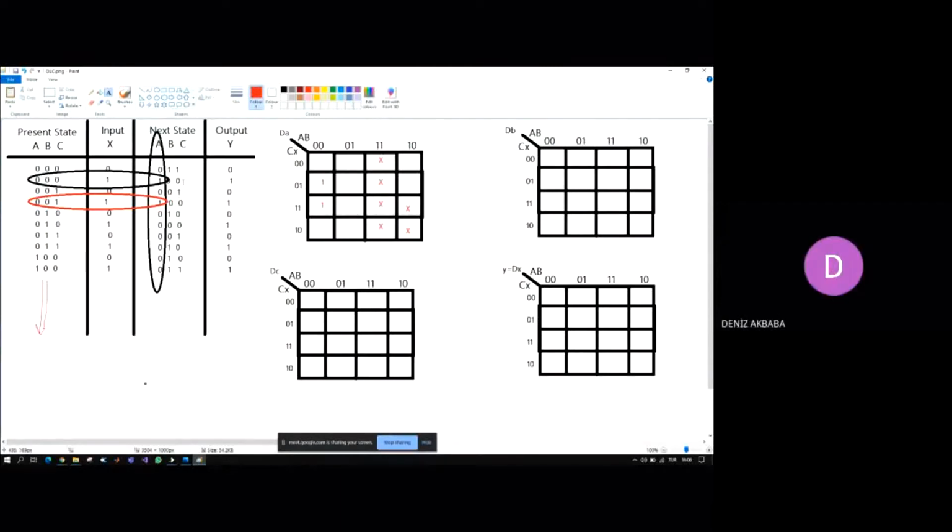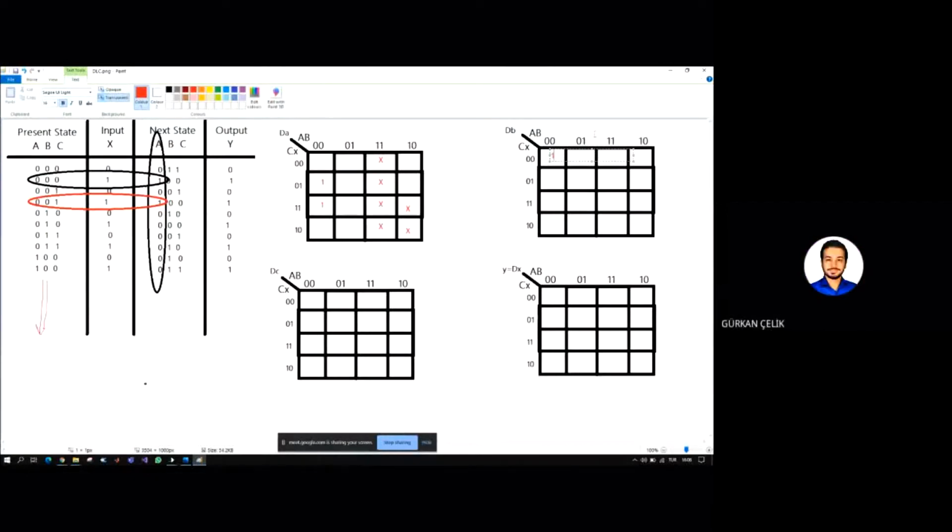If you go to the next column, then we have here 0, 0, 0, 0, 0, 0, here 1. And then we have 0, 1, 0, 0, 1, 0, 0, 0, right? Here 1. And then we have 0, here 1, 1, 1.